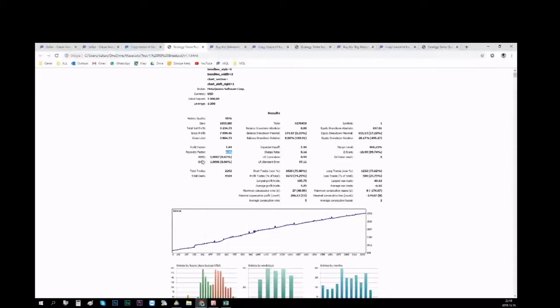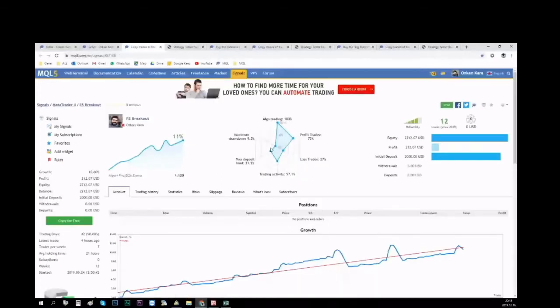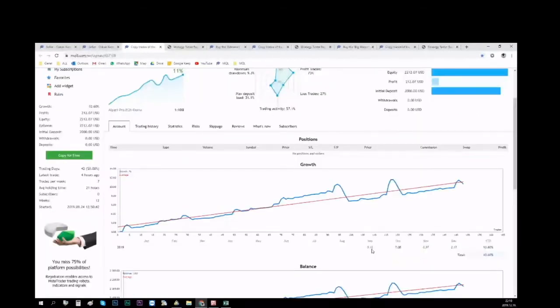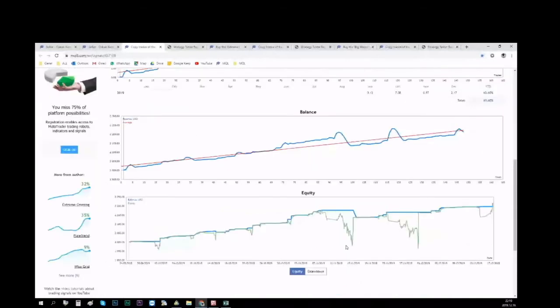I'm always looking at the recovery factor first of all. In that page, yes, the maximum drawdown is 9, but it's very new because it's been running 3 months, so it must be like that, you know.